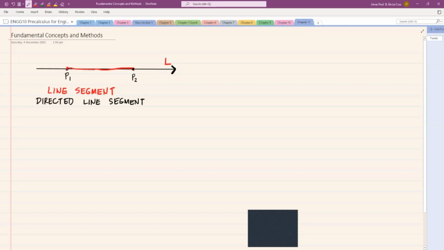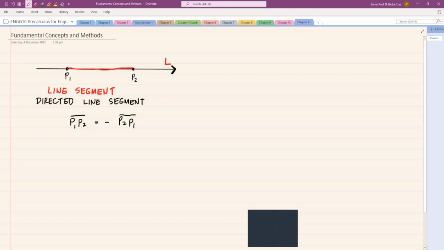Ang relationship niyan, ganito yung symbol natin for directed line segment. So from P1 to P2, equivalent siya sa negative ng from P2 to P1. So hindi magkaparehas yung P1P2 tsaka P2P1. Ang kaibahan nila, yung direction. Okay? So, nagkaroon tayo ng direction dito.